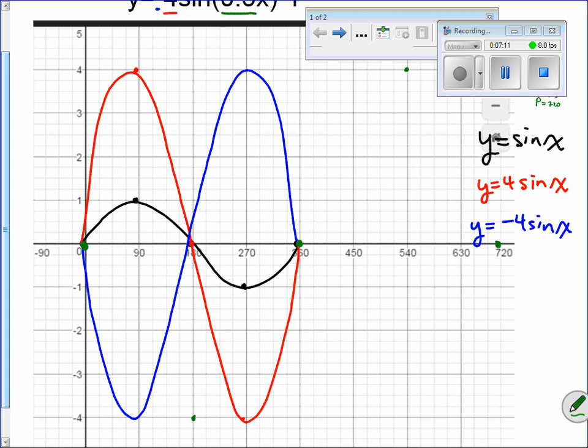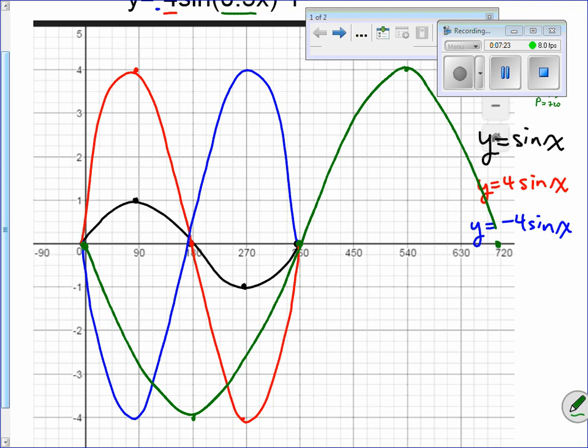And then I'll take my time and graph my curve. And this equation is actually y is equal to -4 sine of 0.5x.